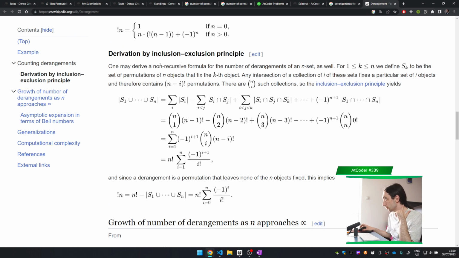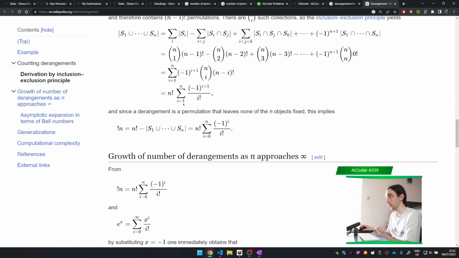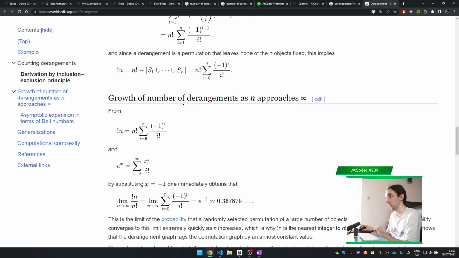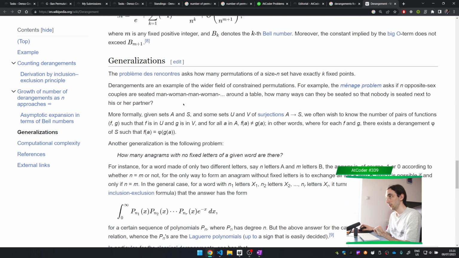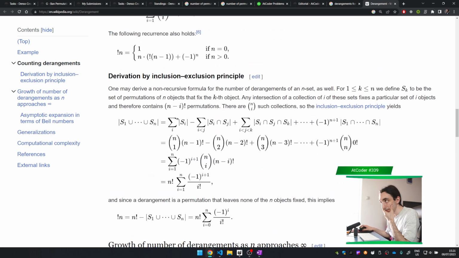Derivation by inclusion-exclusion: one main non-recursive formula for the number of derangements. Any intersection of these particular sets yields a collection.